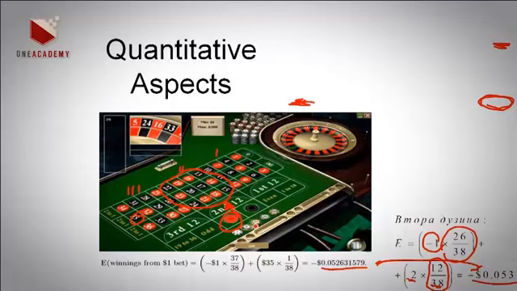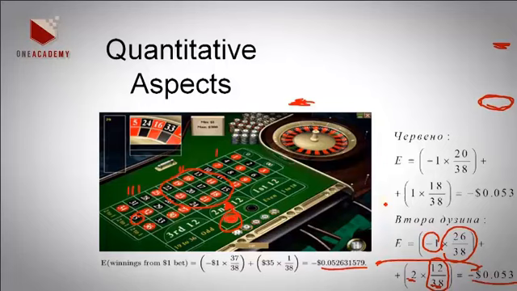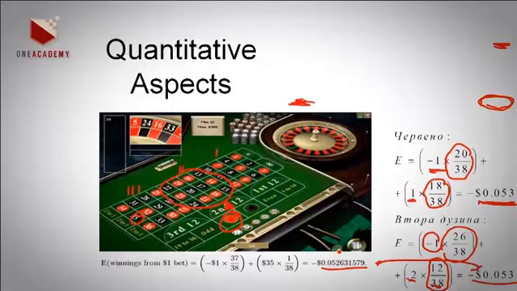Just for the sake of exercise, you can pause the video right now and try to compute it yourself. In case you have computed it correctly, you should have derived the same number. Why? Although we have used different payoffs and different probabilities, we have derived the same number.